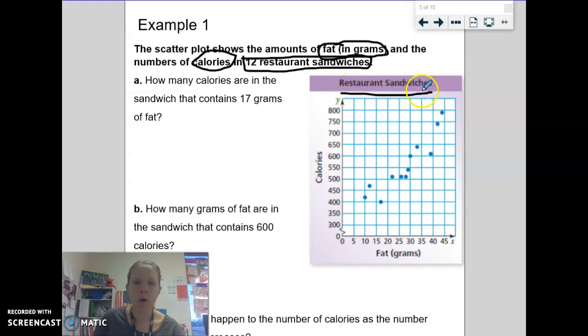They're going to tell you what is it measuring. It's measuring the restaurant sandwiches. So just like I was telling you, you're taking those 12 restaurant sandwiches. Then each part of this, so the X and the Y, are also labeled. So in this case, this side is telling you about the calories, and this side tells you about the fat grams. Now, I believe I've talked to you about this part of the graph here before.